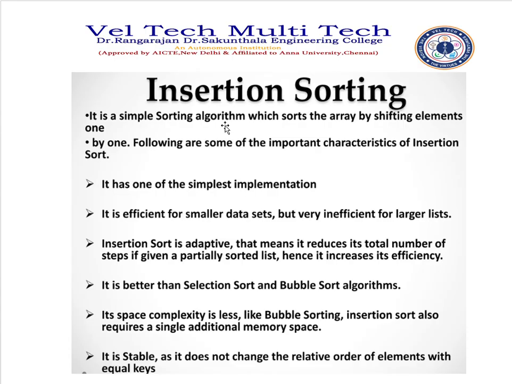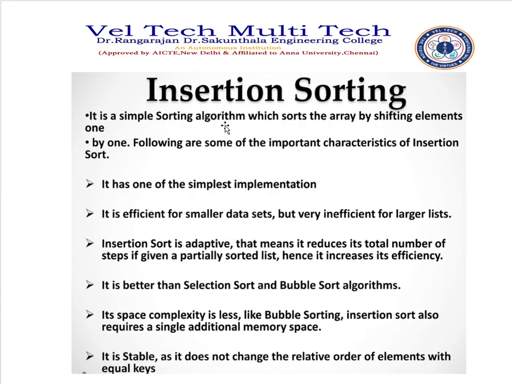It is efficient only for smaller data sets, but inefficient for larger data sets, which we have seen already for bubble sort. When we take insertion sort, it reduces the total number of steps if given a partially sorted list, hence it increases its efficiency. So if the numbers are somewhat partially sorted, it will be easy to do.